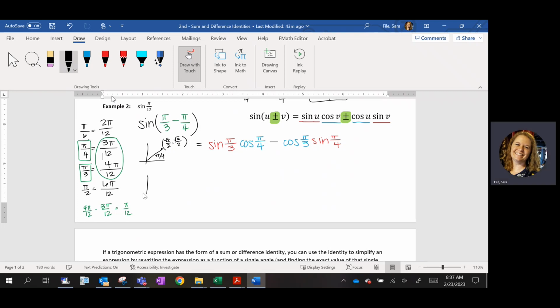And then pi thirds, that's the 60-degree angle. So we hadn't looked at that point yet. That's the one that's reverse of the 30. So if 30 starts with 3, this one is flipped and it starts with the 1/2 and then the root 3 over 2.